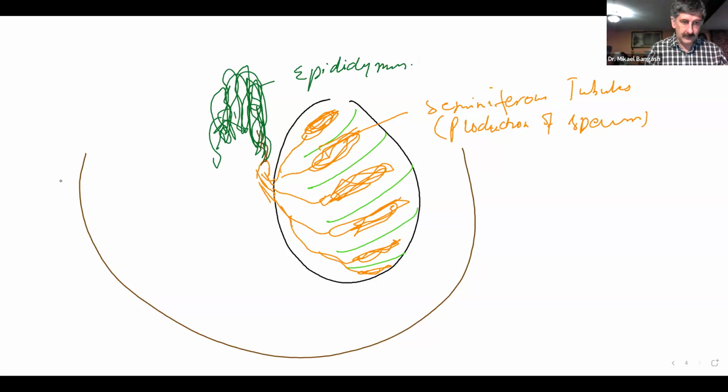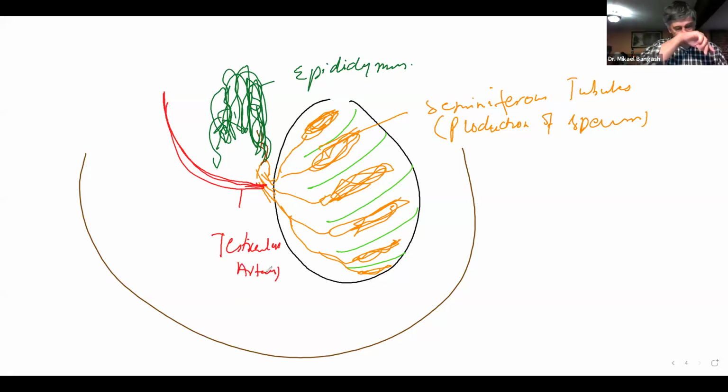As we already have said, that is going to be an artery. Now we can call this the testicular artery. In this case, there's no doubt about it that it's going to be a testicular artery because it's going to supply blood to the testicle.